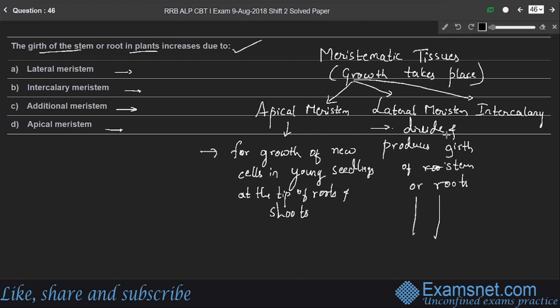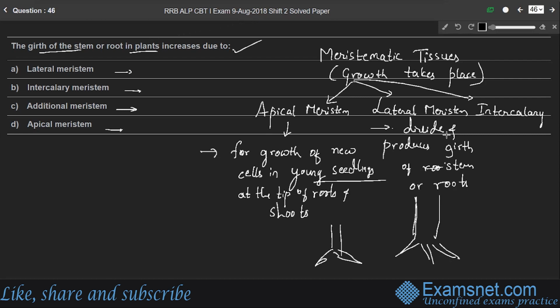Therefore, the dimension of the stem or the roots increases due to lateral meristem. Whereas apical meristem is for the growth of new cells in young seedlings at the tip of roots.